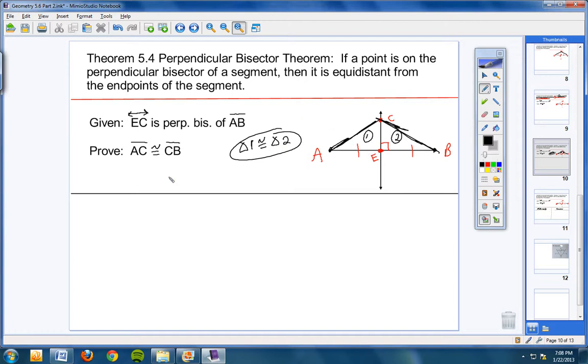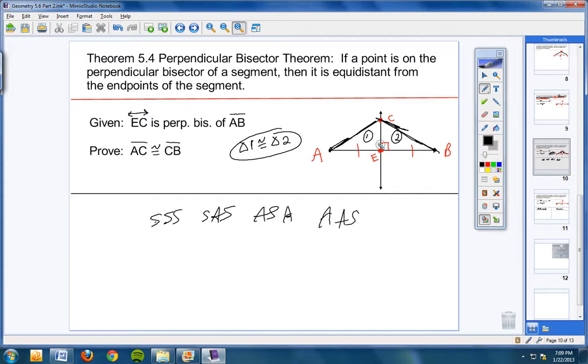Remember how we proved that triangles are congruent? We can either use what? Side, side, side, side, angle, side, angle, angle, side, or angle, angle, side. Well, can you pause for a second and think of which one we'd want to use? I think I've got it. It's pretty obvious. Look, I've got a side here congruent to a side here.